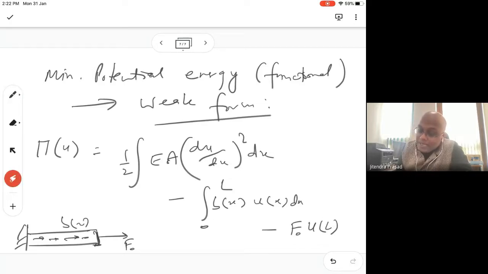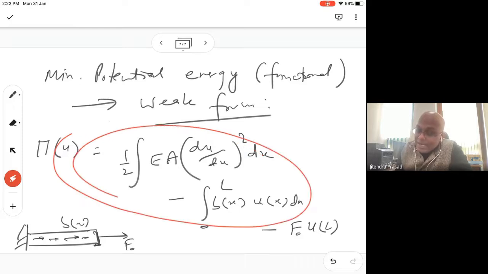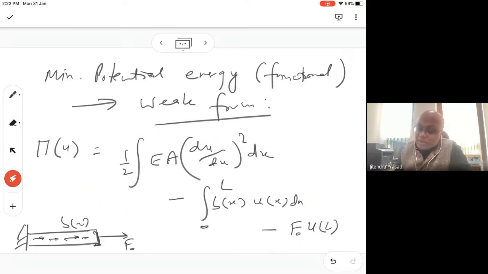And we said that this is the one that has to be minimized, right?